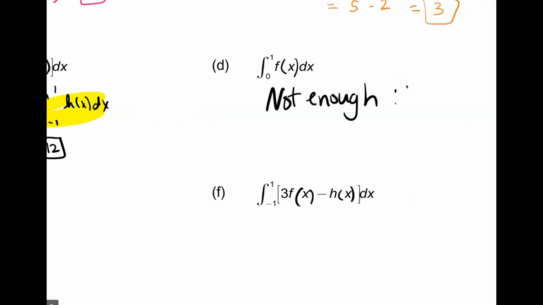Not necessarily. It may be half of it, it may not be. I don't know what this function looks like. From negative 1 to 1, maybe the function looks like that or whatever. But if I'm trying to go from 0 to 1, it's only like this part of it. Like I don't know what the area would be unless I know what the actual function was. There's not enough info.